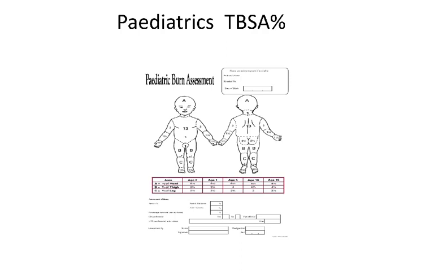You'll have them in front of you if you do work in a unit that cares for pediatric burns, or in the emergency department as well. And they're also age specific, so age 0, 1, 5, 10, 15, and you can see the changes in the percentages there. And then you have a form here to calculate the percentage for the pediatric.